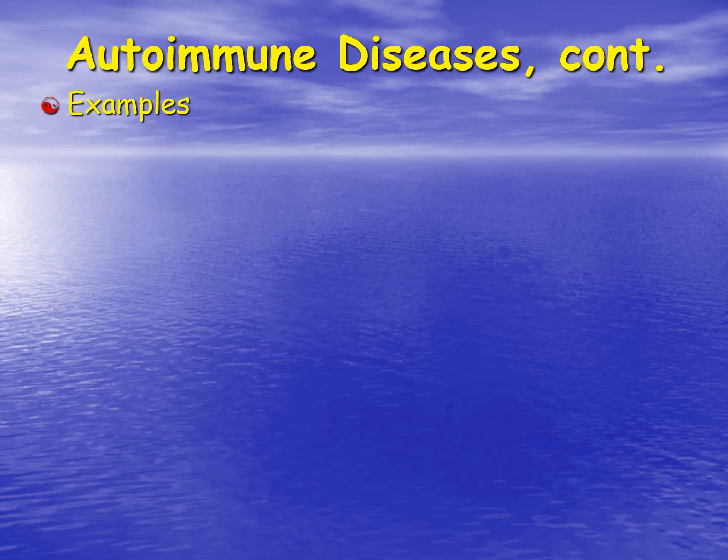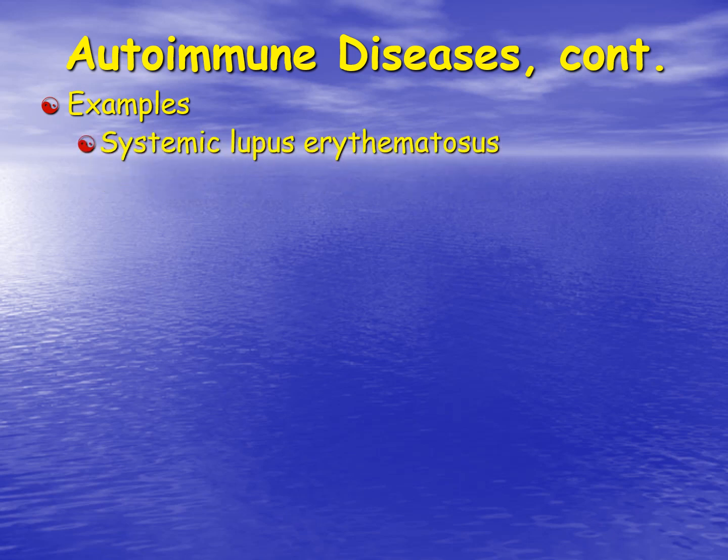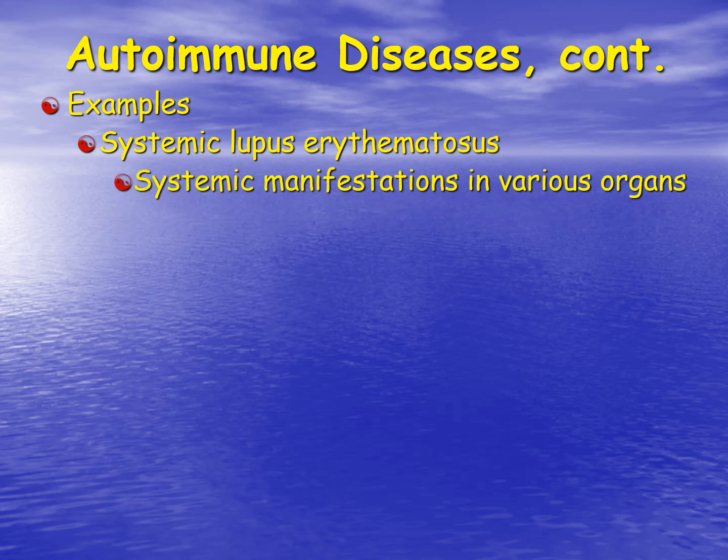Some examples of autoimmune diseases, really the poster child of all autoimmune diseases, is systemic lupus erythematosus. And I'll talk a little bit more about that in a moment. This is a systemic manifestation in various organs because the patient literally becomes allergic, if you will, to their own DNA.